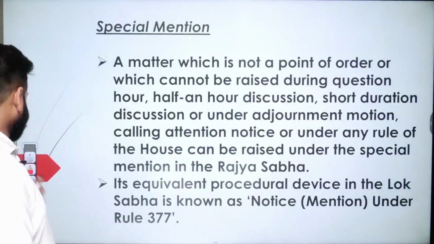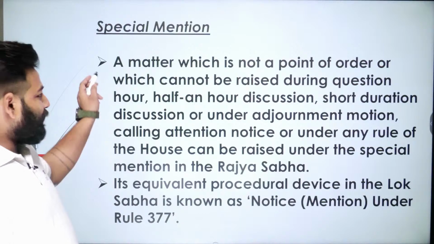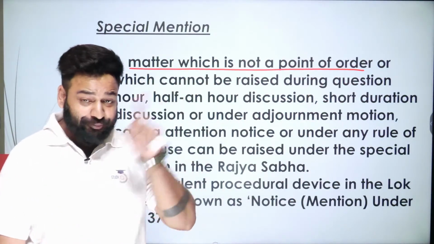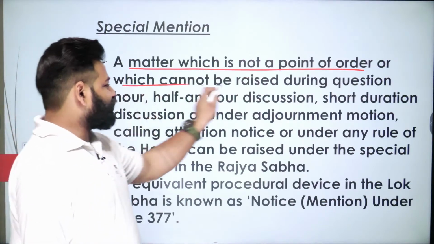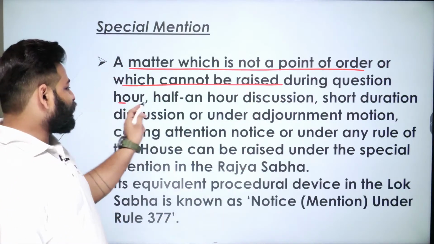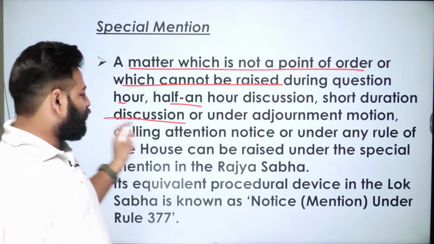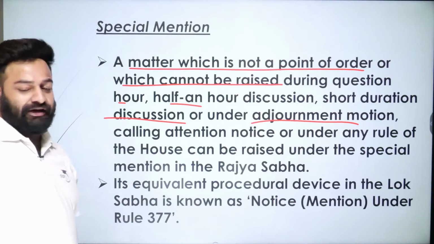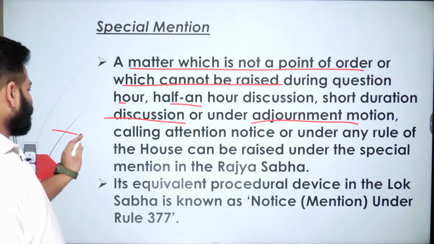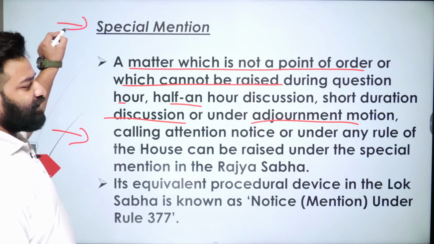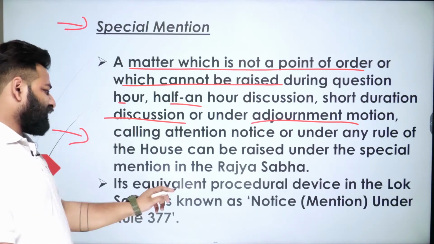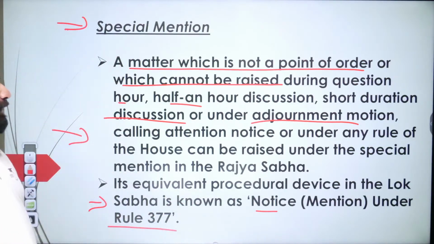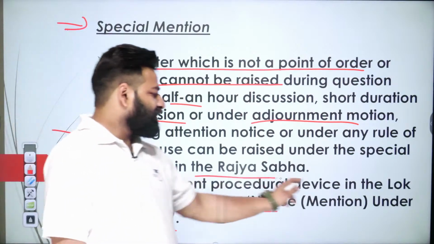Next, special mention. What is this special mention? A matter which is not a point of order, or which cannot be raised during question hour, half an hour discussion, short duration discussion or adjournment or something like that, but we need to discuss it, can be discussed under the special mention, right? In the Lok Sabha it is known as notice, but it is known as a special mention in the Rajya Sabha.